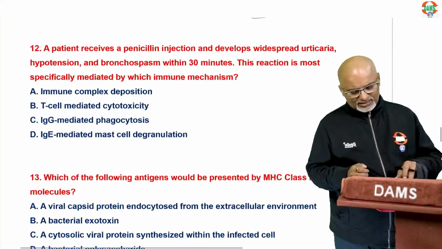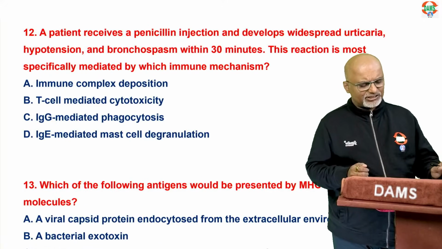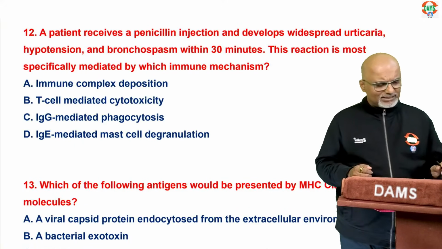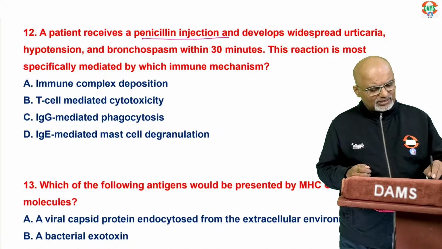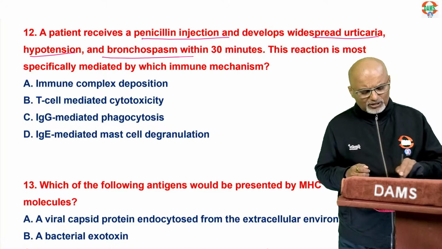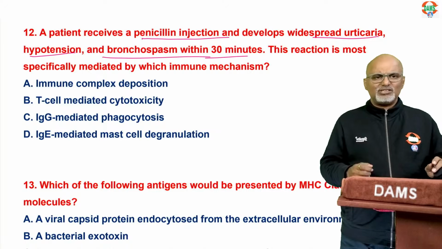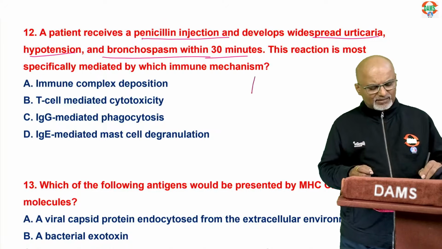Next is, a patient receives penicillin injection and develops widespread urticaria. So after penicillin drug, urticaria, hypotension, bronchospasm. So this is called type 1 hypersensitivity, anaphylaxis.